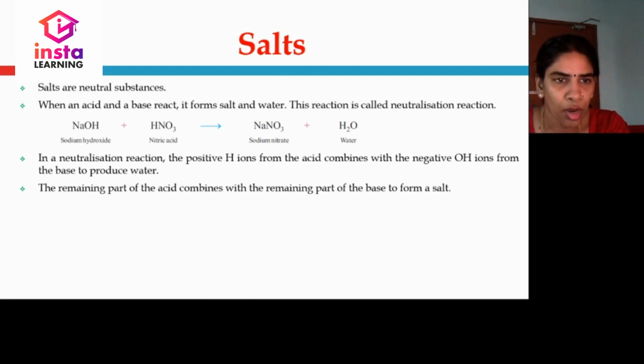Na is separate, OH is separate, H is separate, NO3 is separate. So, OH of sodium hydroxide reacts with the H of HNO3 to form water. The remaining acid part is NO3 and the remaining base part is Na. When they combine, it forms NaNO3, sodium nitrate, a salt.